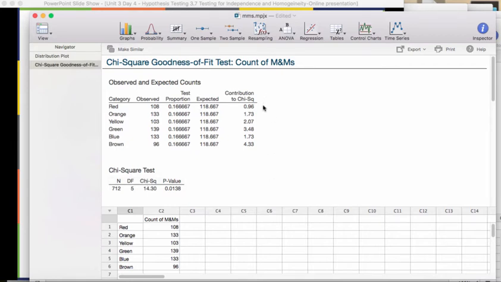Also over here you'll see the individual cell's contribution to the chi-squared. The test statistic is the result of adding each of these individual contributions together, and that is where the 14.30 comes from. So we're going to switch back to the PowerPoint presentation and do a little bit of further analysis now.